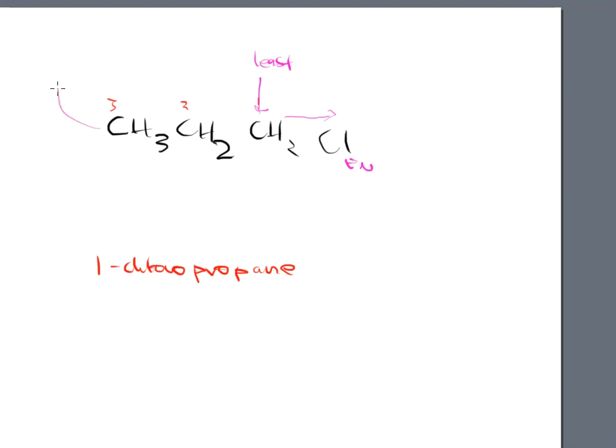So what this means is that carbon number 3, this is the most shielded. So think of the shielding in terms of electrons. The first carbon is the least shielded, meaning it has the least amount of electrons around it, and then the third carbon is the most shielded, which means it has the most electrons around it. And all of that is due to the chlorine electronegative atom.